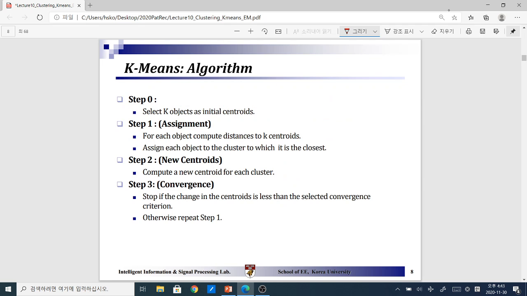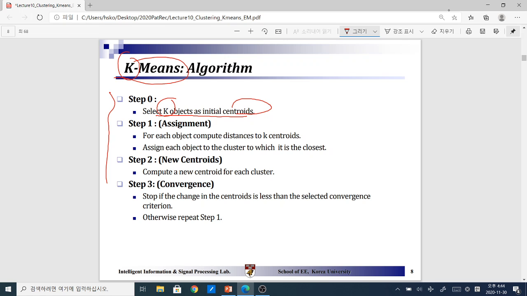Okay, so let's talk about k-means, which, as I said, is a hard clustering technique. It is done by following these four steps. First of all, we decide on how many clusters we're going to have. That's going to then assign k objects as initial centroids. So that's where the k comes from.